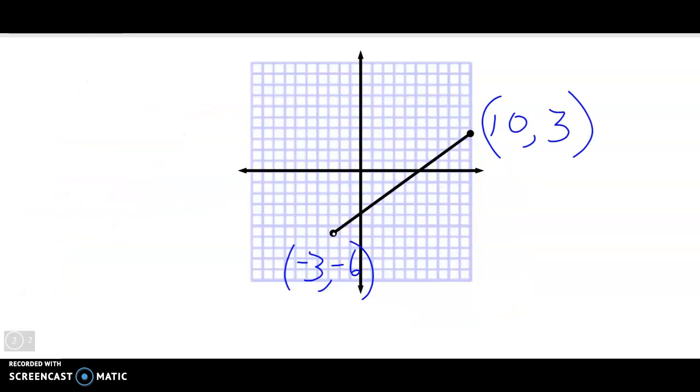Okay, now I'm going to find domain and range for this next example. So let's go ahead and start off with the domain. And remember, the domain is the x values, and we go from left to right. So I'm going to go ahead and set up my little x.